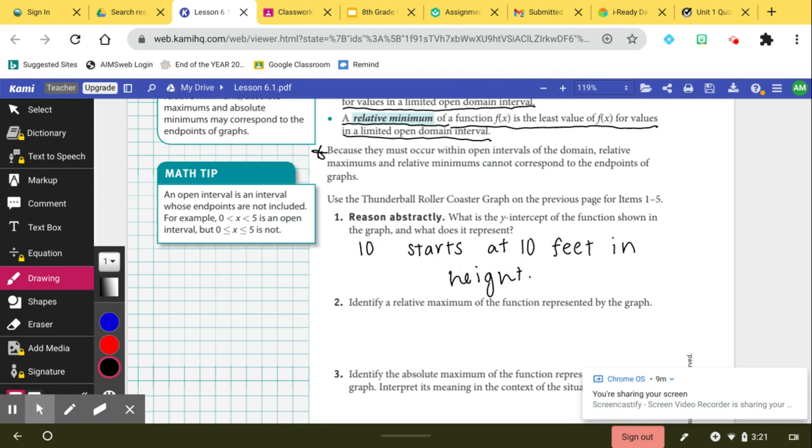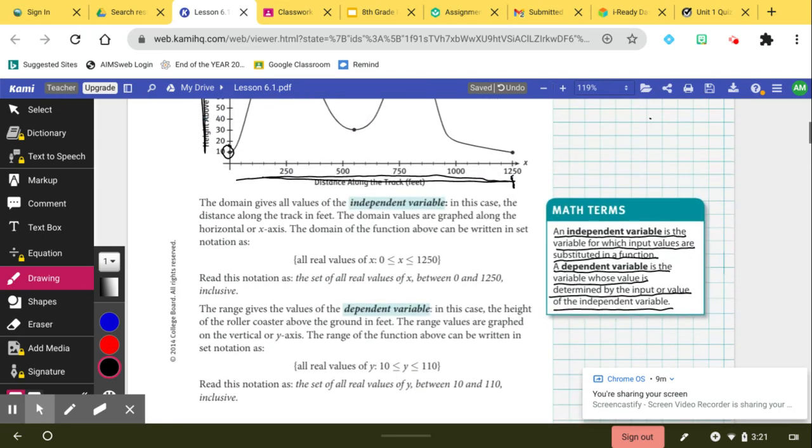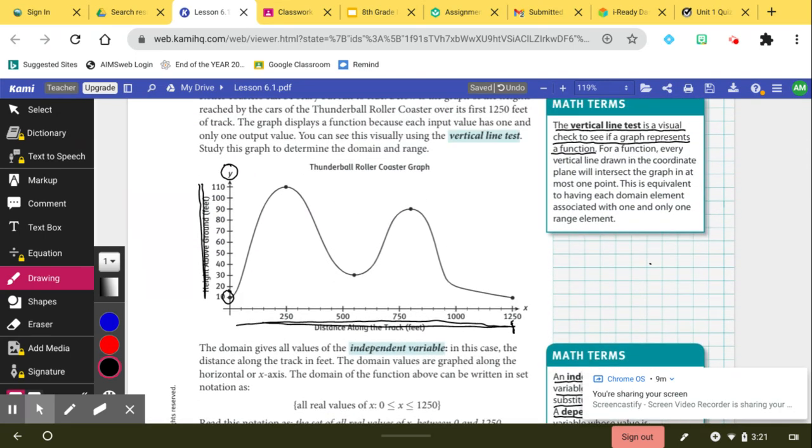Then it says identify a relative maximum of the function represented by the graph. So scrolling back up, I'm looking for points in which the outputs next to it are smaller than it. And I actually have 2 of those. I have one right here and one right here.